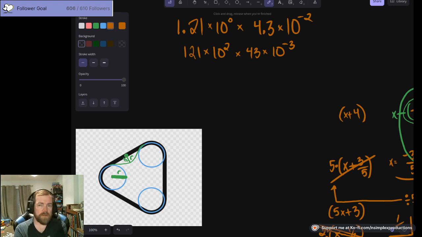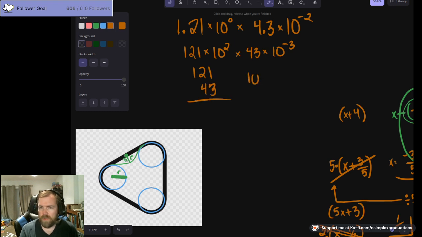You could put it in a different scientific notation where you don't have any decimals at all. If you do this, then we get 121 by 43, and also 10 to the 2 minus 3. So 10 to the negative first, and then here you've got what this number is going to be.